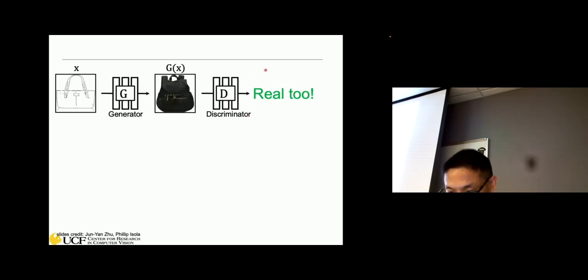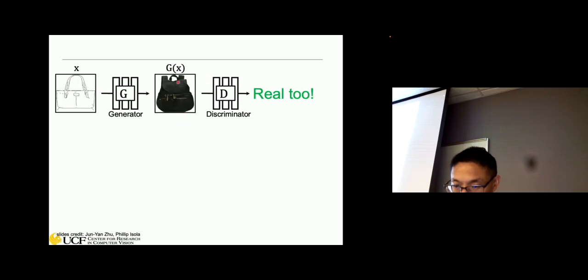So if you do this, this time the generator may generate a bag that looks like this. But the discriminator will only tell if this is a real or fake image. So based on the knowledge of the discriminator, this also looks like a real image.